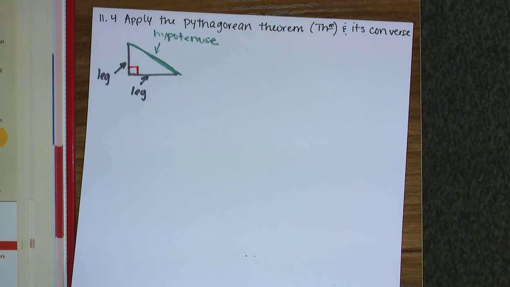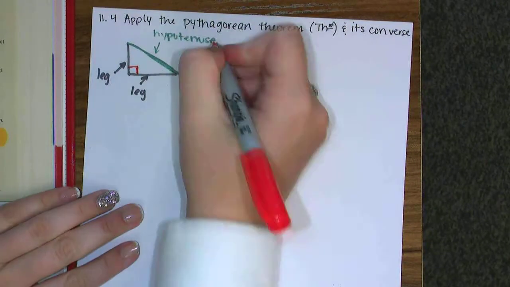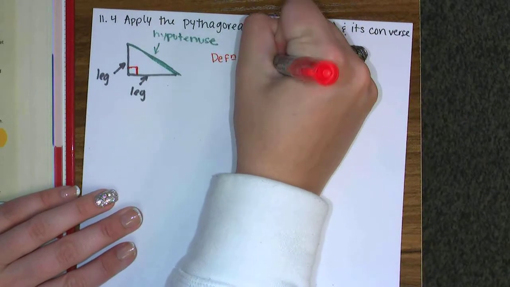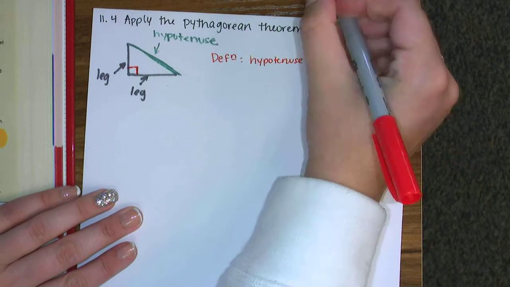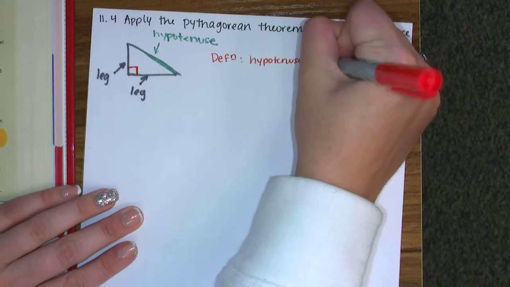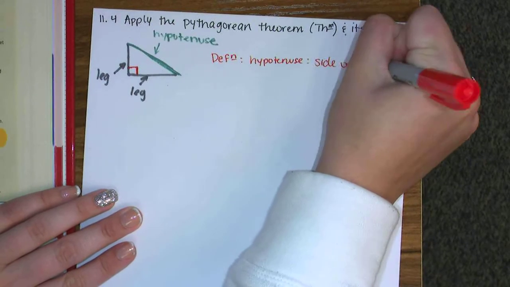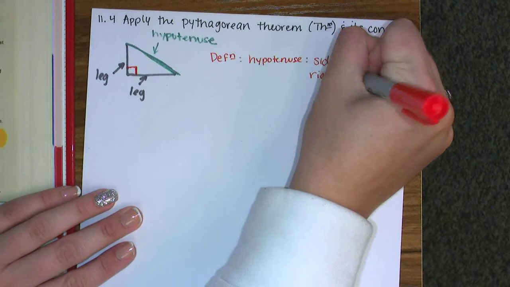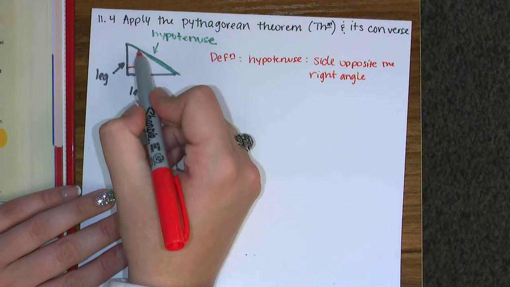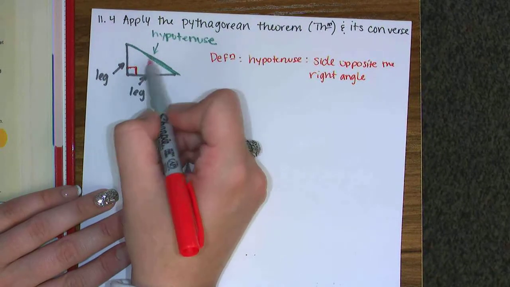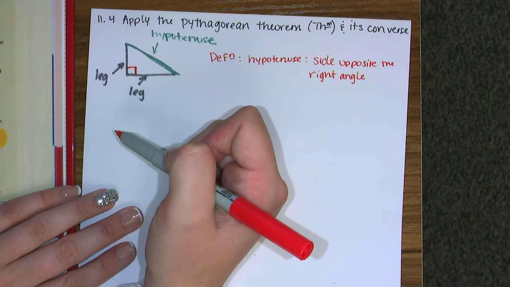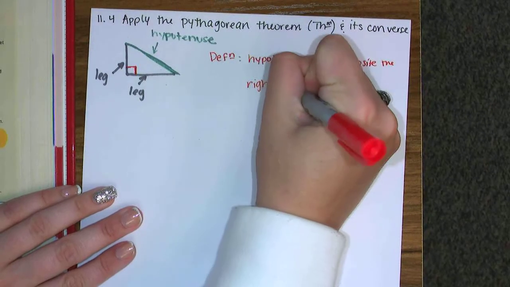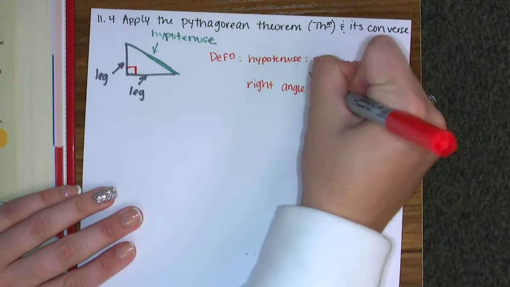So, just some definitions here. The hypotenuse is the side opposite the right angle. Okay, so hypotenuse, right angle, they are opposites. Okay, right angle, which I probably should have written first, but that's an angle that is 90 degrees.